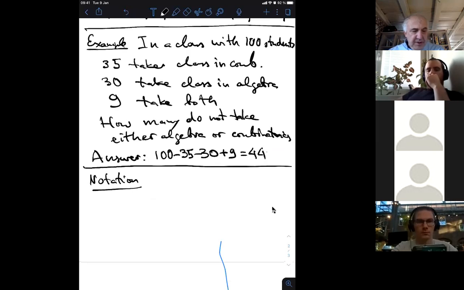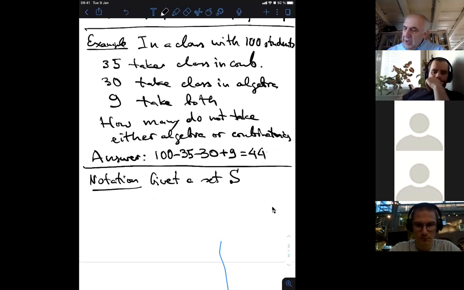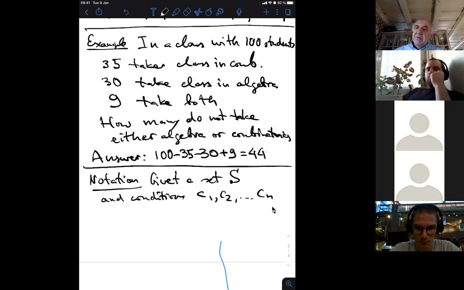We're given a set S, and some conditions C1, C2 through Cn. They define subsets in our S. So a condition is, for example, to take such class or take another class.